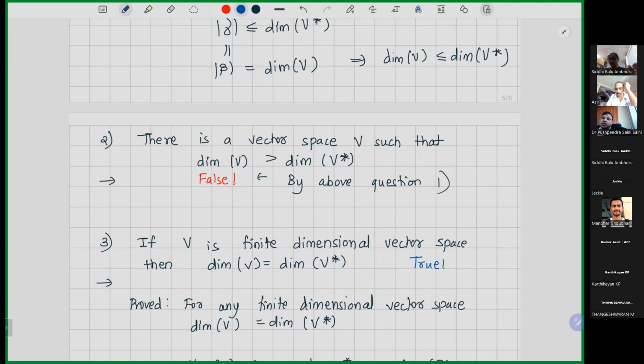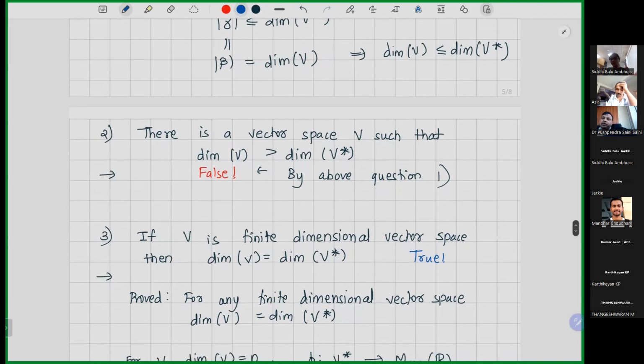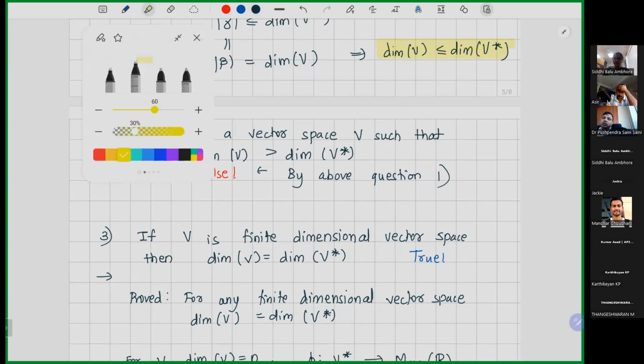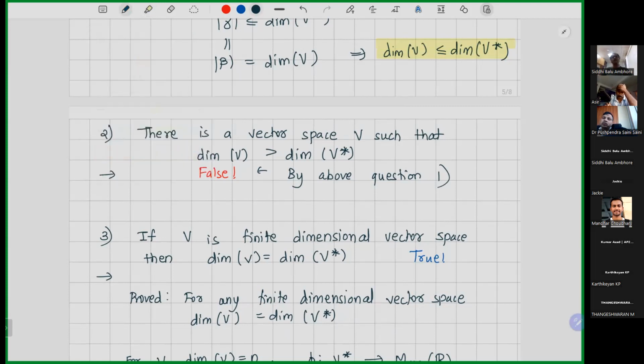That we can conclude from questions 1 and 3. This is always true: the dimension of V is less than or equal to the dimension of V star. This is true for any vector space. So from this, we can immediately say that the other way is not possible, because we already proved that for any given vector space, this dimension is always less than or equal to the dimension of V star.